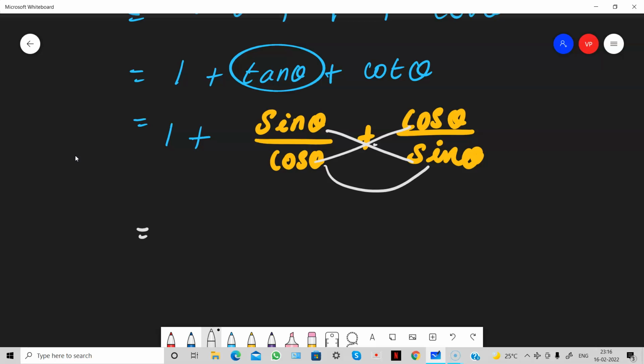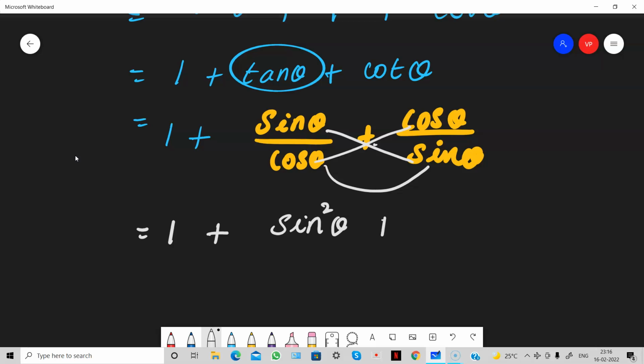Right, so this is like a butterfly method, right? So cross multiplication. So you have to know this one. 1 plus, so this becomes sine into sine, sine square theta, plus cos into cos, cos square theta, divided by sine theta into cos theta.